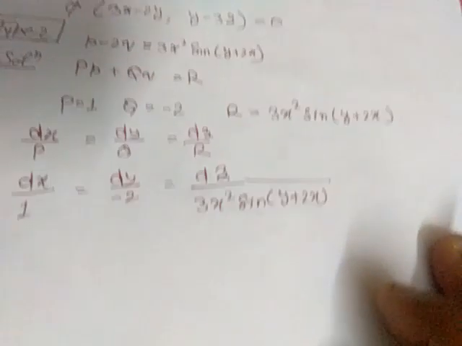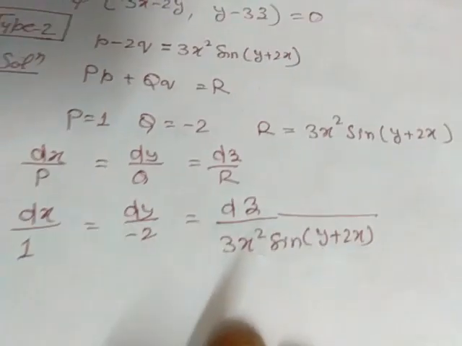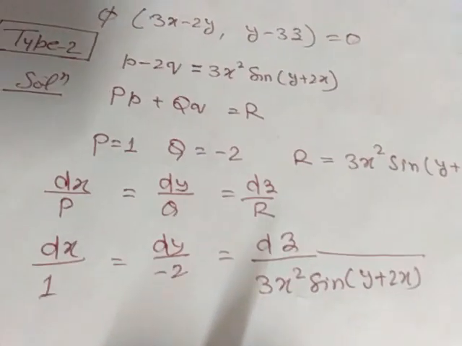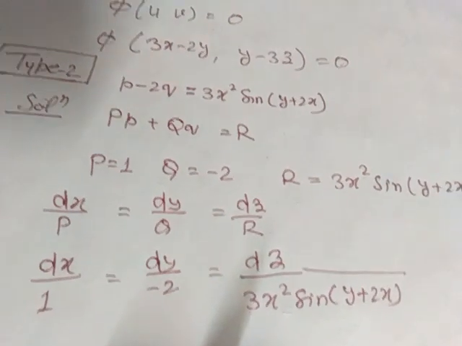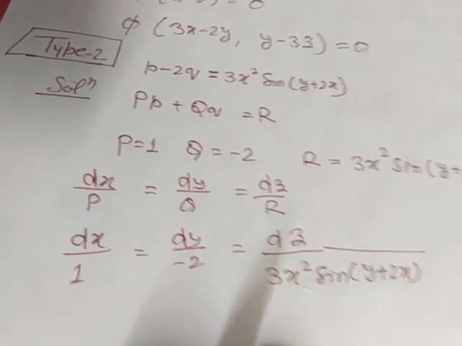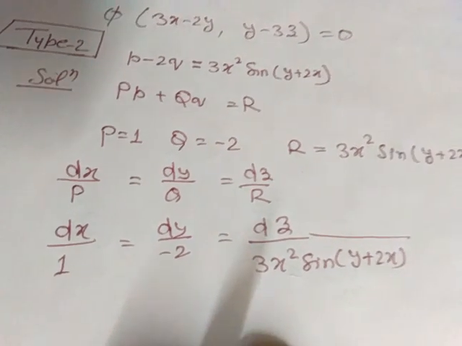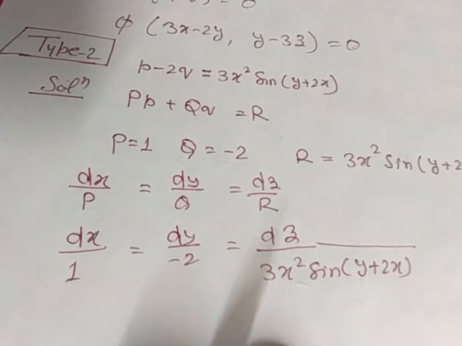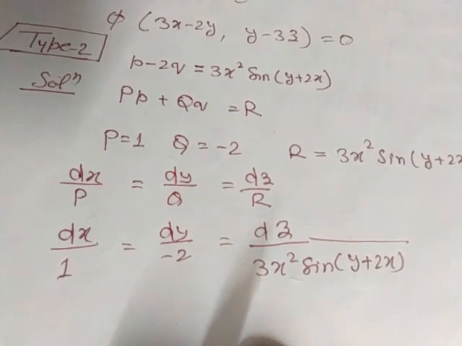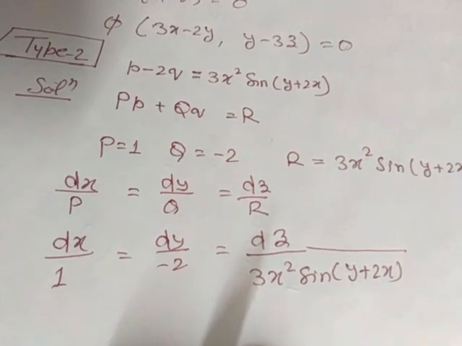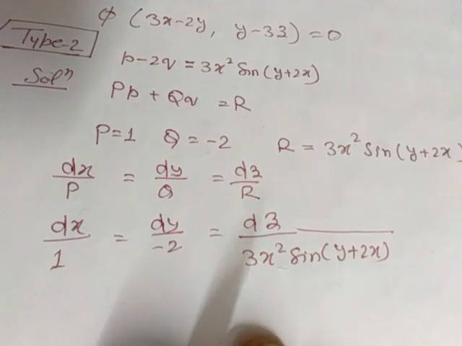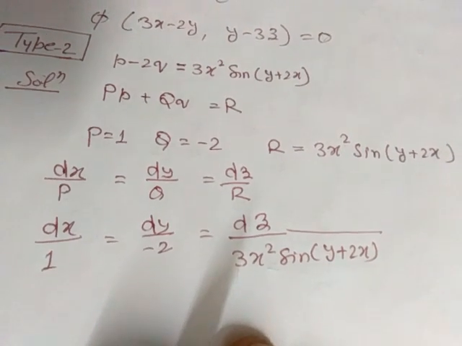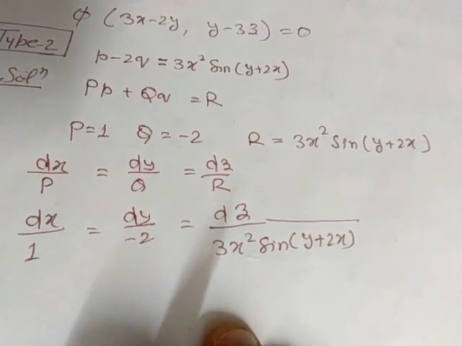From the Lagrange's auxiliary equation, we can easily see that if we take the first two factors, dx upon 1 equal to dy upon minus 2, then there will be a solution. But if we select the first and third or second and third factors, then we cannot integrate it properly.